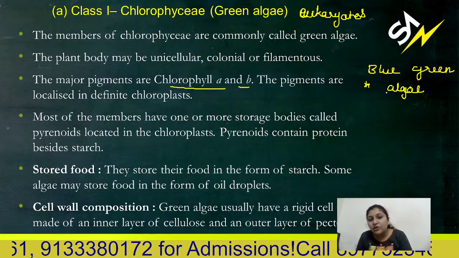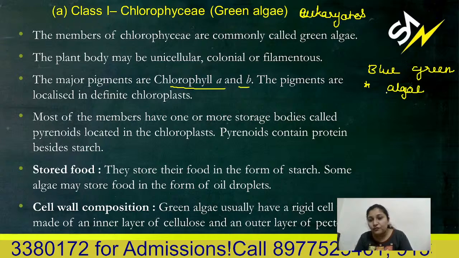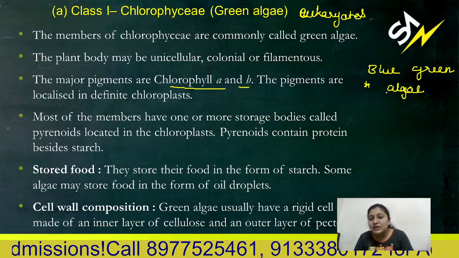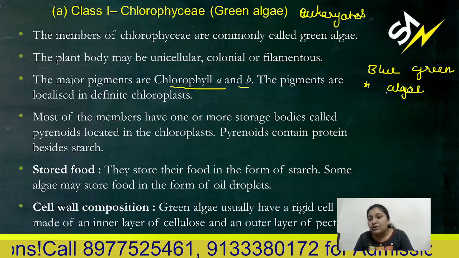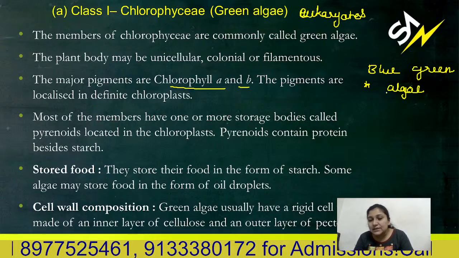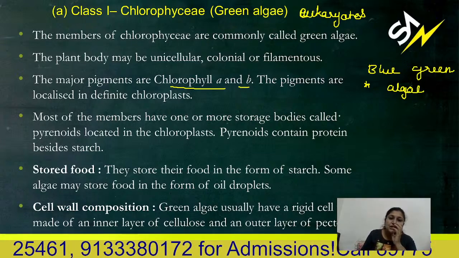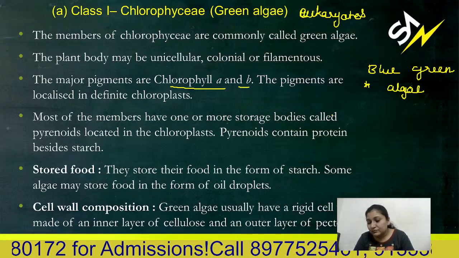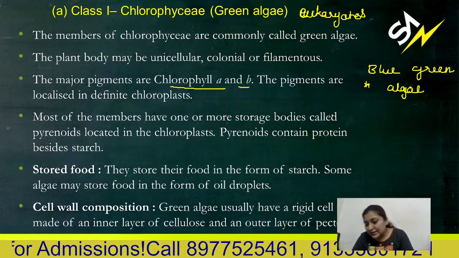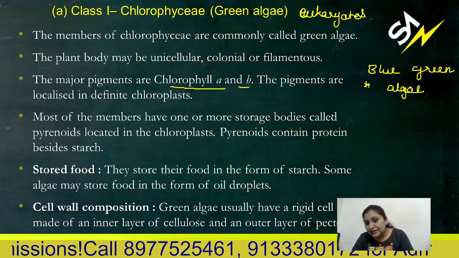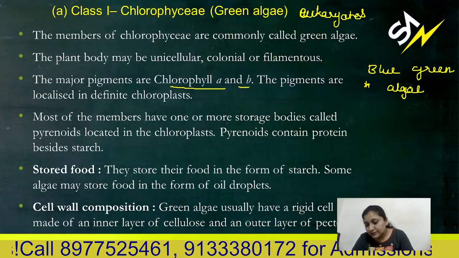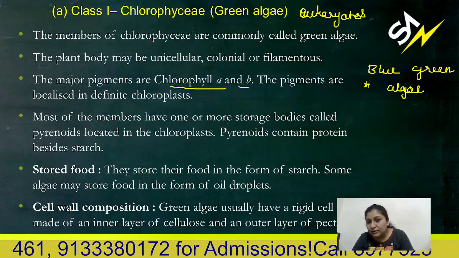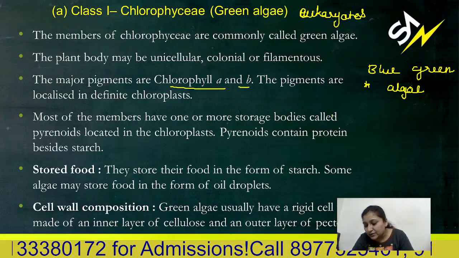In which type of organelles or in which form are pigments located in blue-green algae? Can they be present in chloroplast? Just answer in your chat box. Yes, Hasini, correct. So are chloroplasts there or not? Can chlorophyll be present inside chloroplast or not?